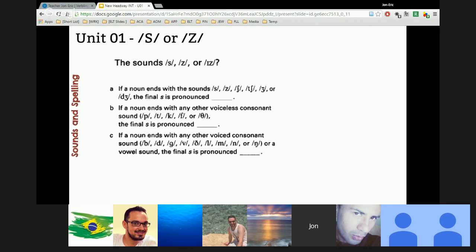If the noun ends in S, Z, sh, ch, j, like measure, or j like John. Only in those sounds the final S is pronounced like an extra syllable. Is. Is. Okay. Does that make sense, Wilson?